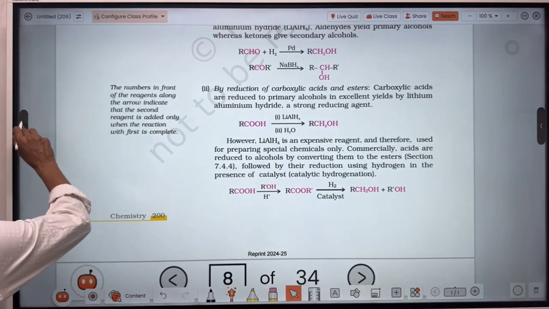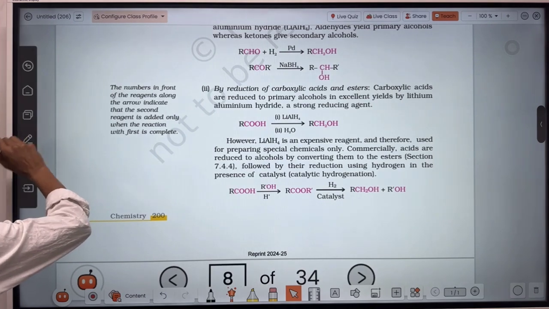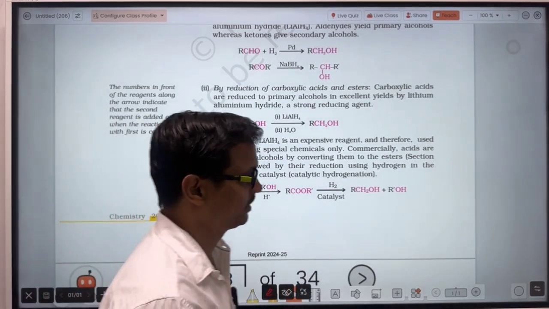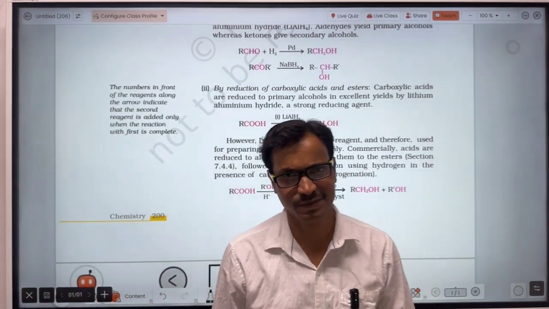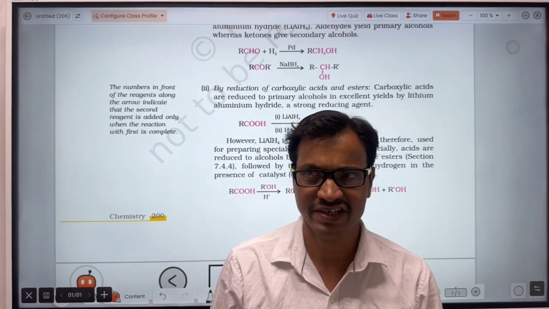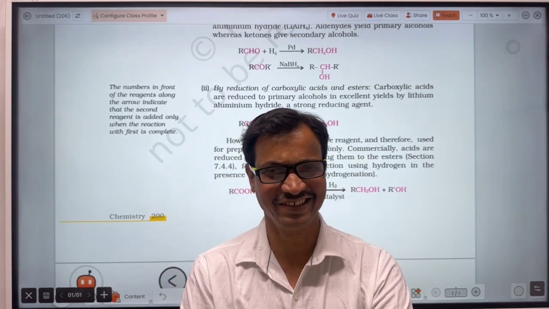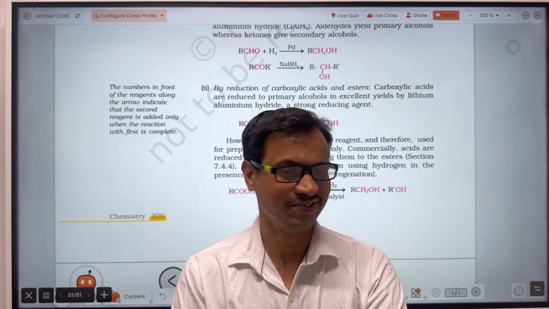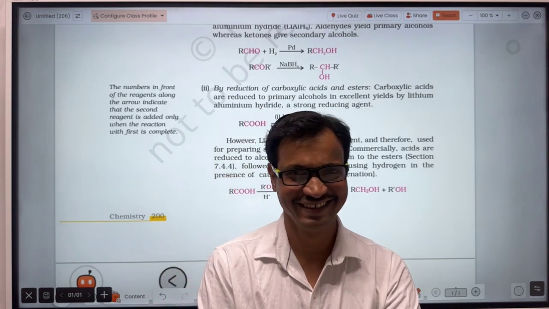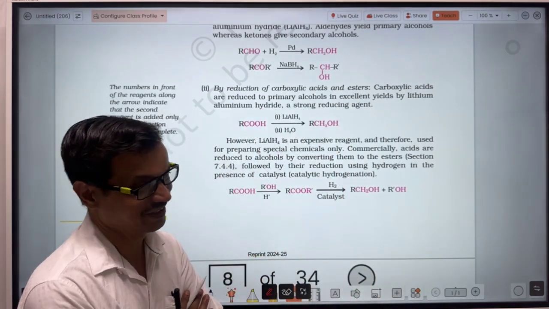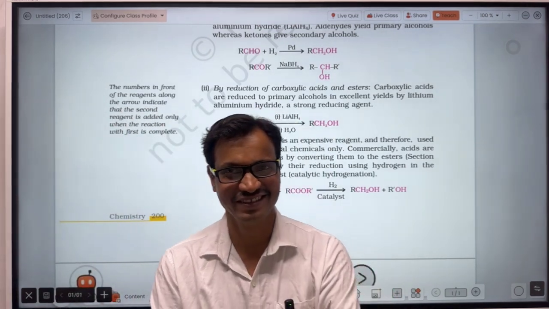Listen. LiAlH4, lithium aluminum hydride, is very costly. Lithium, you know, is very costly, and is used in batteries. So obviously lithium aluminum hydride will be highly costly.